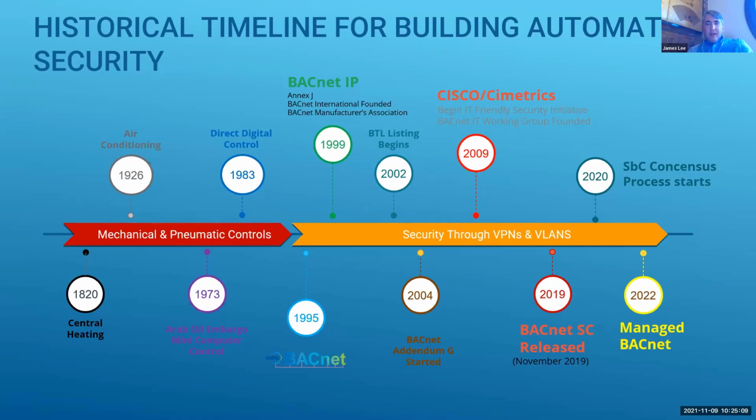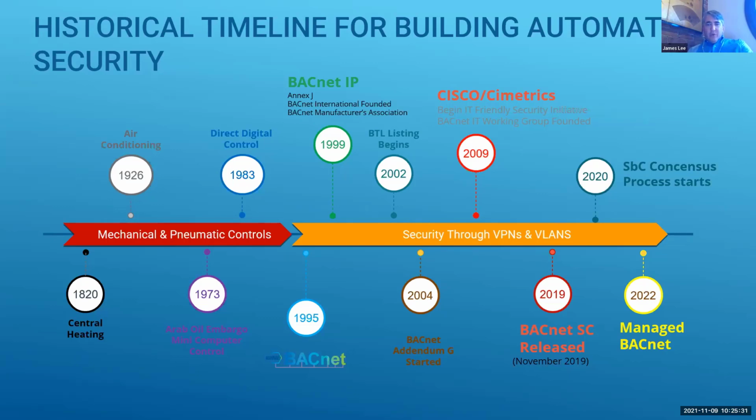So now to get back on the cybersecurity track, if you look at cybersecurity through VPNs and VLANs, really as soon as the internet started to take off, that became the way that things were secured. But in the BACnet committee, and those of us that are involved in this communication were concerned that that wasn't enough.